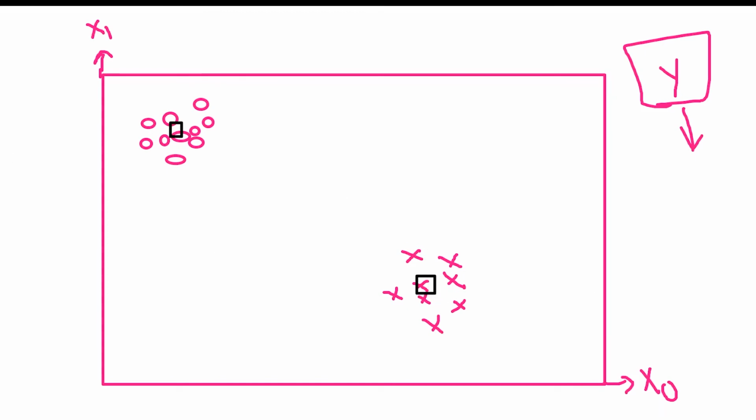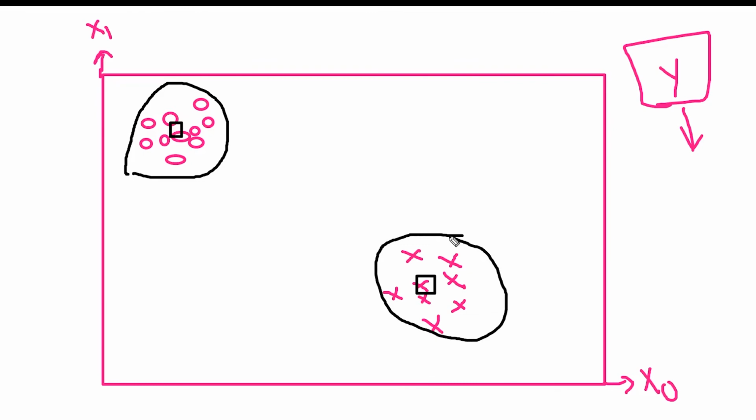So this is how we are going to do it. Now all of these belong to this class and all of these belong to that class. So this is how we are going to classify them using k-means, and this step can repeat multiple times. We will put it in a loop to get the correct output.